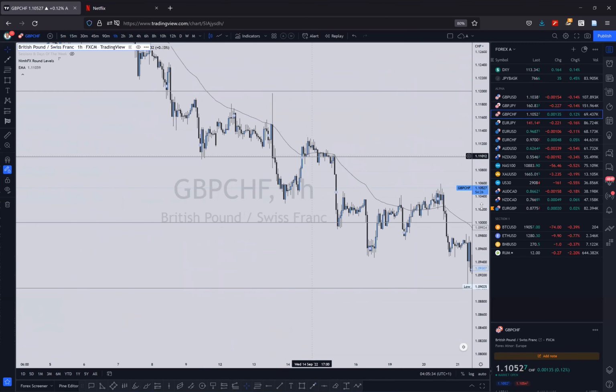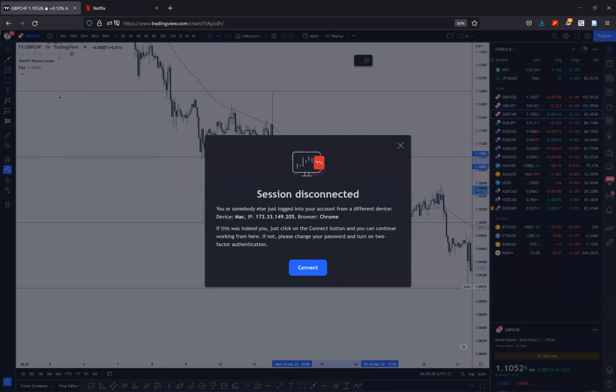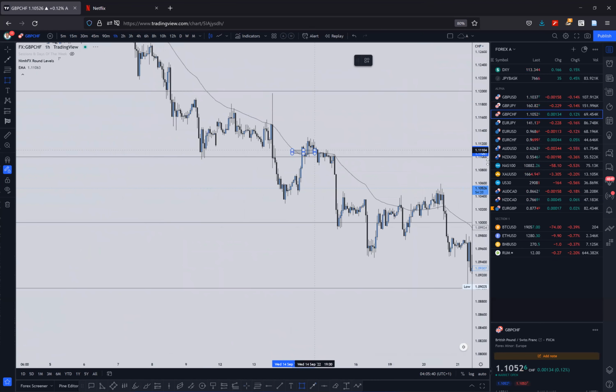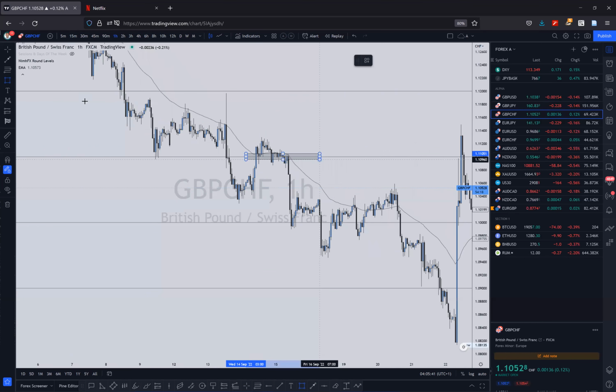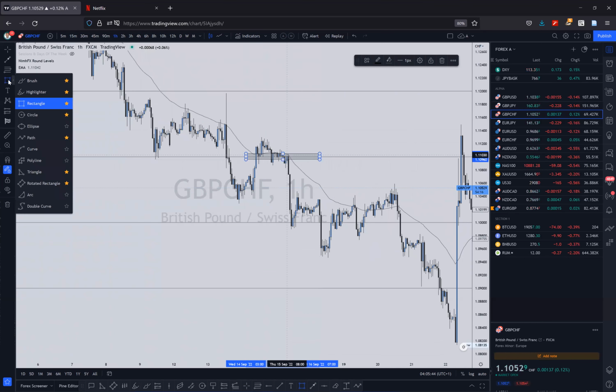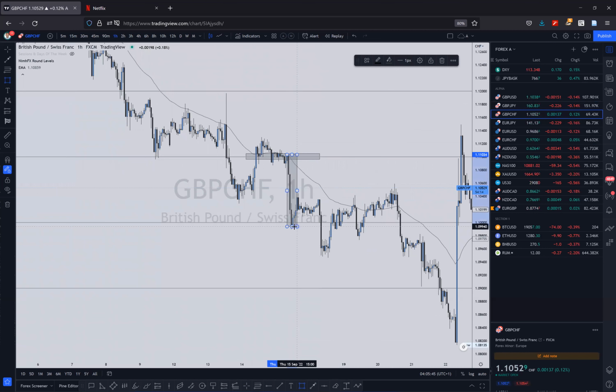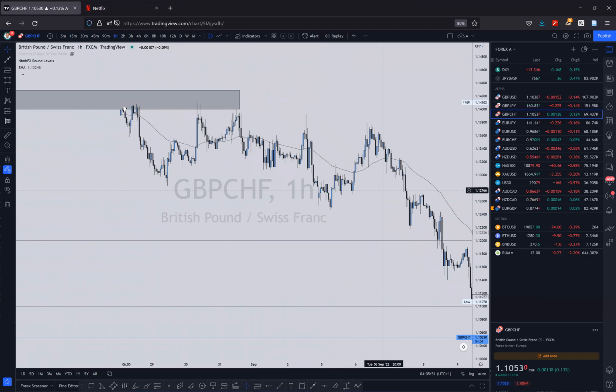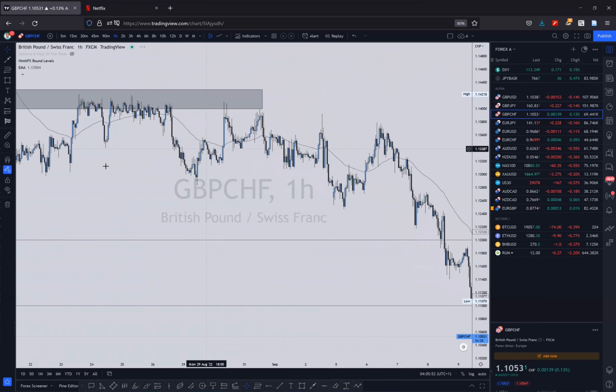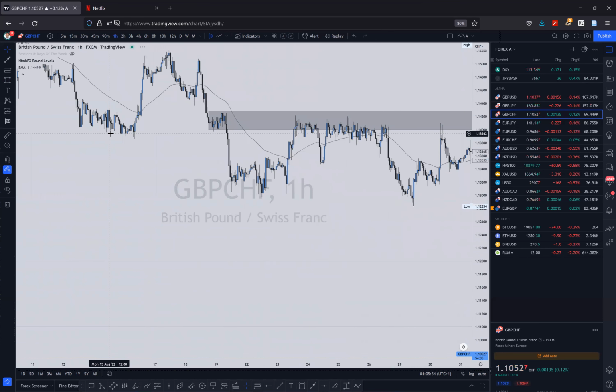So here we have price below the EMA and we have resistance on top of the psychological level, 1.11. That was a good selling opportunity here. And if you're using trend lines, you want to connect the closest lows, this one and this one.